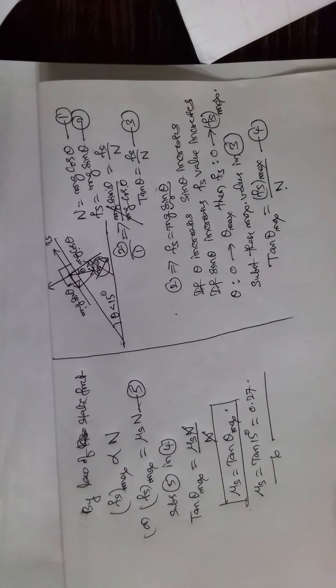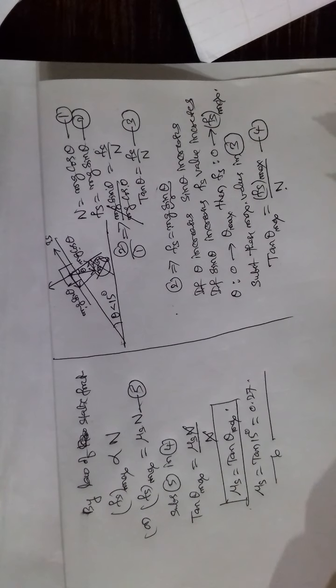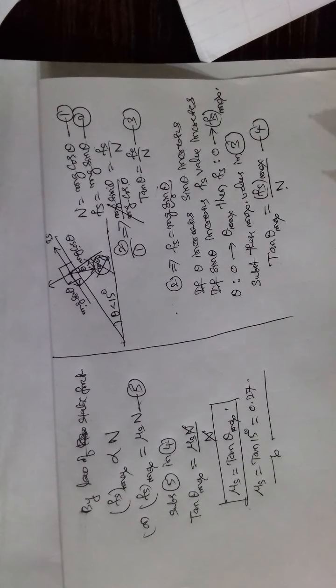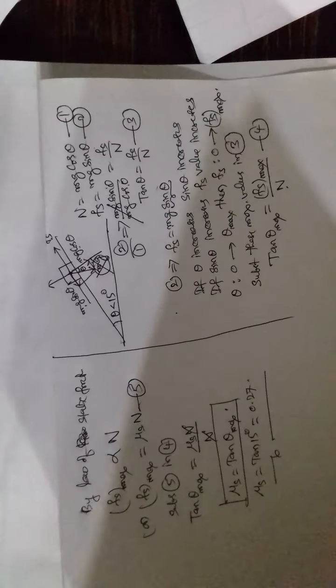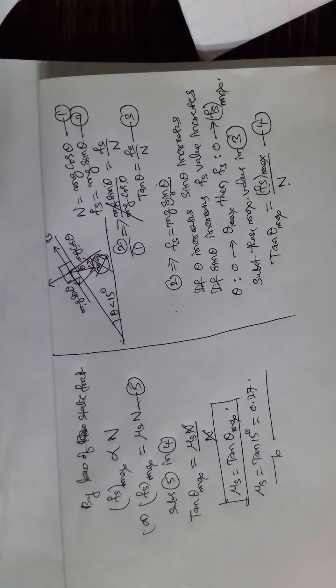Now let us go for another problem, the 10th problem in the problems. The tenth problem is: a block is placed on a ramp of parabolic shape given by the equation y is equal to x square by 20.